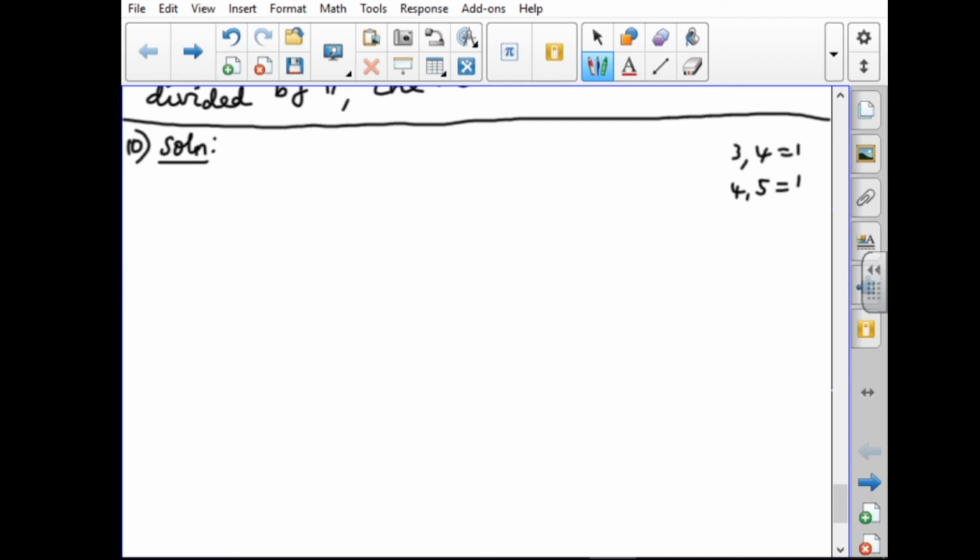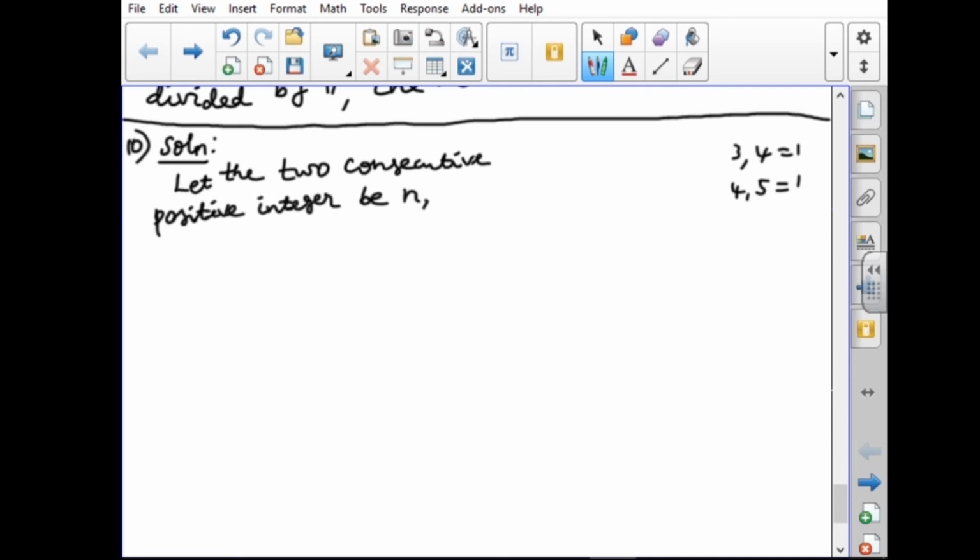Let the two consecutive positive integers be n and n plus 1.